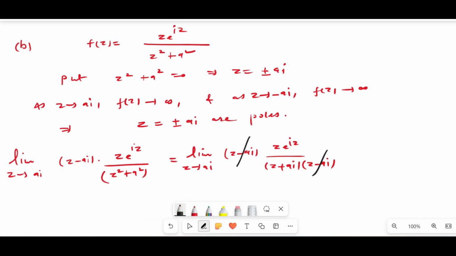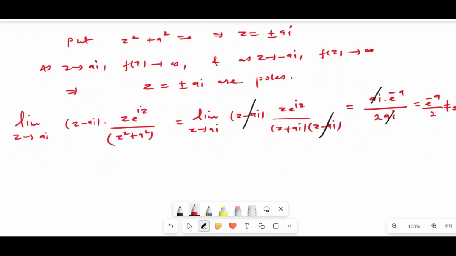So this factor gets cancelled out, and put the limit here, that is ai e to the power of negative a over 2ai. So we can see here ai gets cancelled out. So this value is equal to e to the power of negative a over 2, which is non-zero. So we can write here the value z equal to ai is a simple pole.